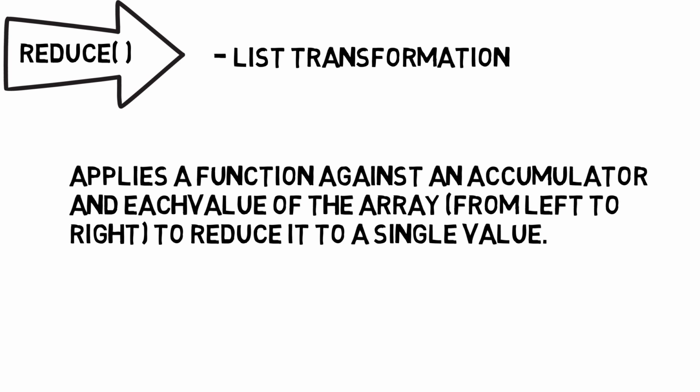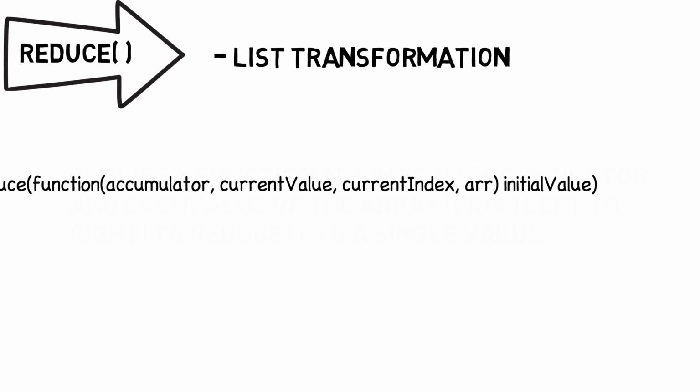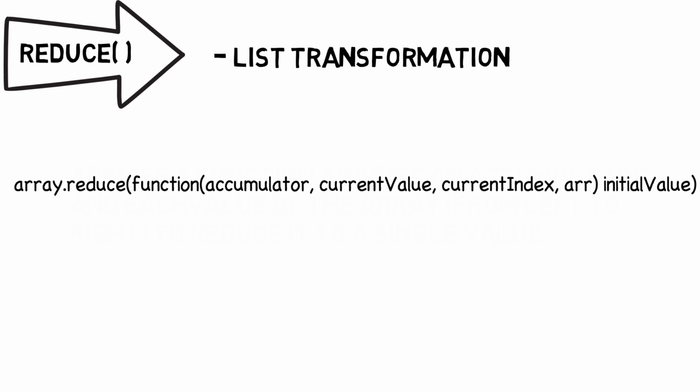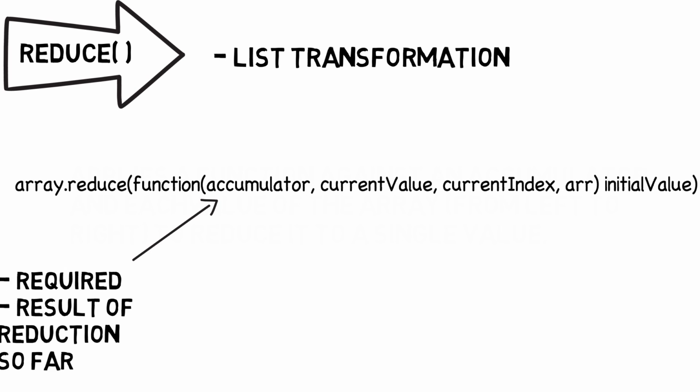Let's start off by looking at the syntax of the array method reduce. Here we have array with the reduce method attached to it. We've passed to that a function with the parameters of accumulator, current value, index, array, and initial value. The first argument is the accumulated result of the reduction so far.